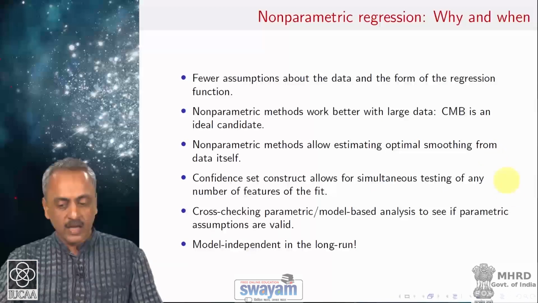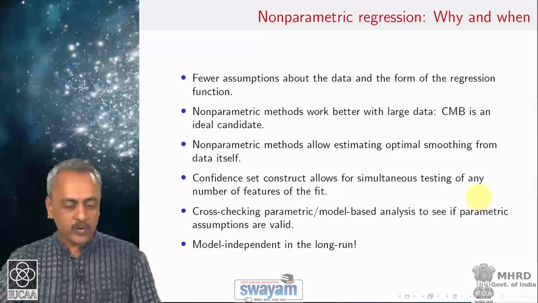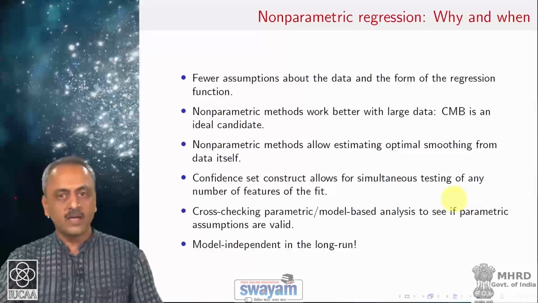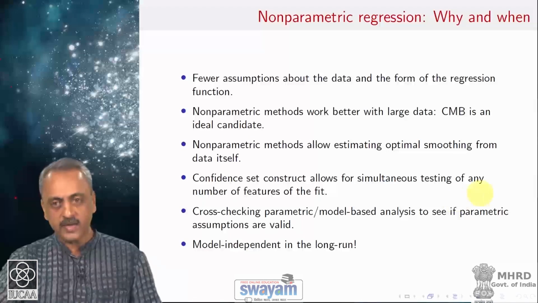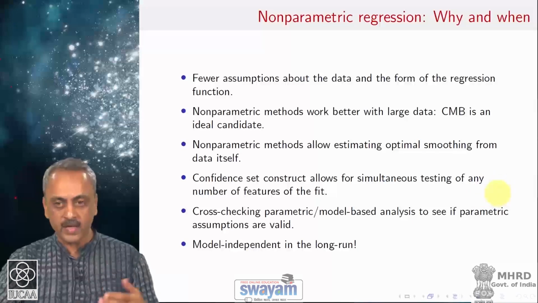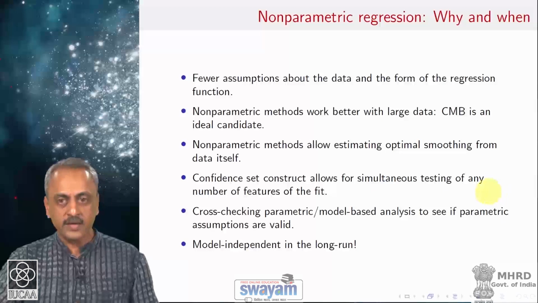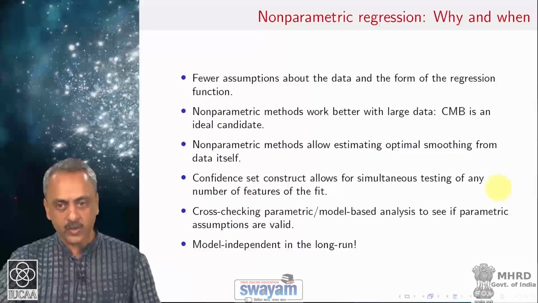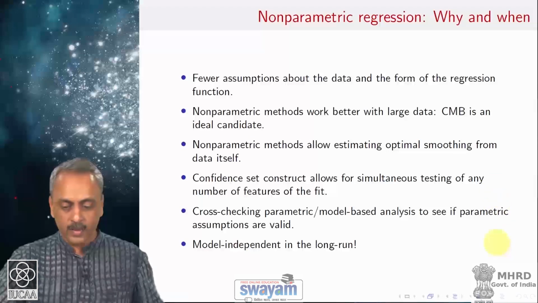Here is a technical point. The particular method that we are going to talk about later on also gives you uncertainty in the estimate in terms of what is called a confidence set, and this confidence set is a powerful construct of this particular method. It allows you to ask all kinds of interesting physics questions and get answers for those based on the data.